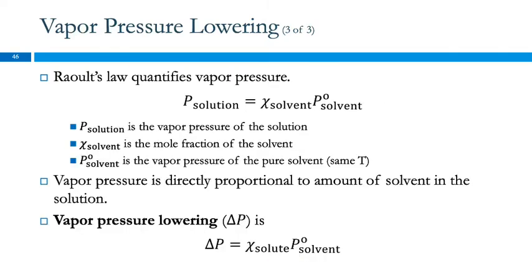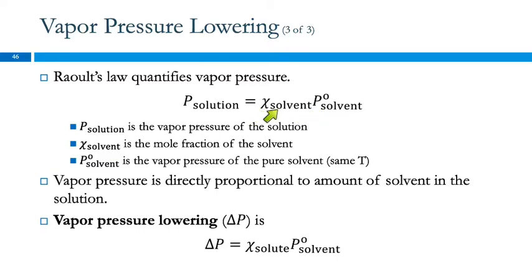So we can quantify how much the vapor pressure is lowered, of course, right? Got to quantify everything. And this is Raoult's law, and this is the Raoult who is quoted in the first slide of this chapter. So Raoult's law says that the pressure of the solution is equal to the mole fraction of the solvent times the vapor pressure of the pure solvent.